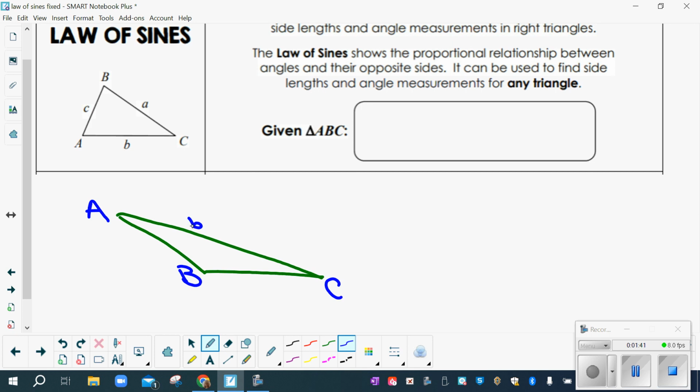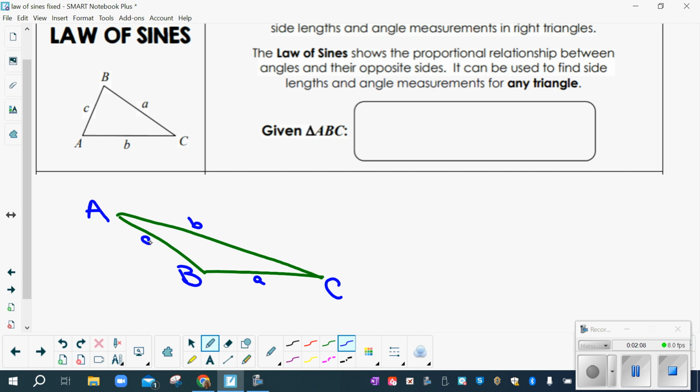And the side across from big A, little a. And the side across from big C is lowercase c. So from here on out, in more advanced algebra, when you go to college level algebra, even in calculus, when we name a triangle, corners get big letters, sides get little letters.